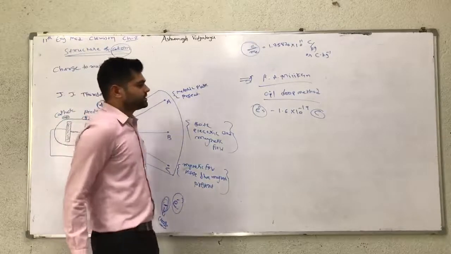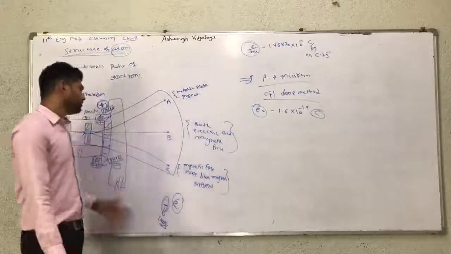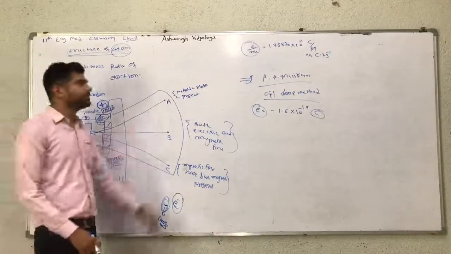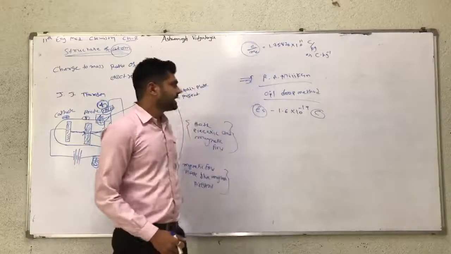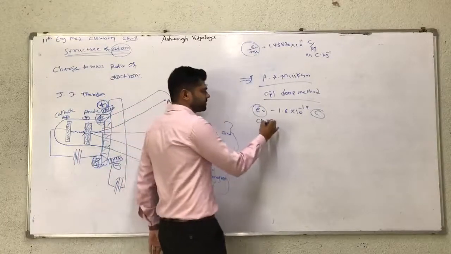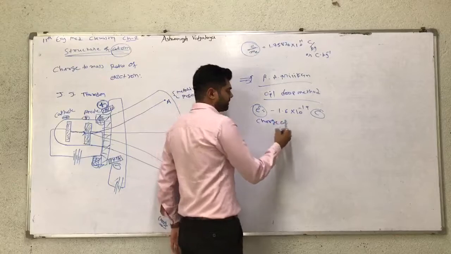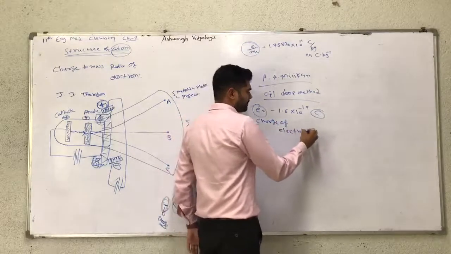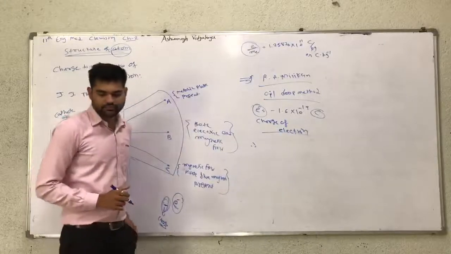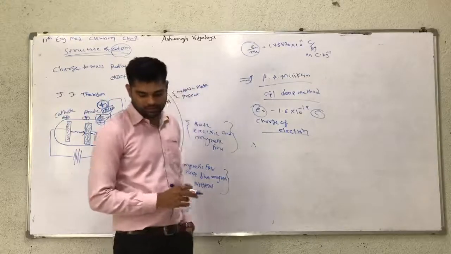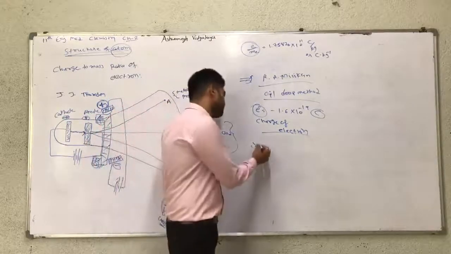Using both concepts, one value from J.J. Thomson, the e divided by me ratio, and the other from R.A. Millikan, the charge of electron, we find the mass of electron.